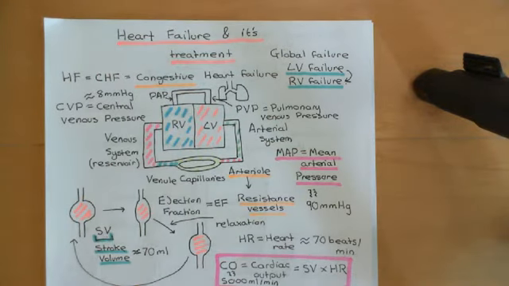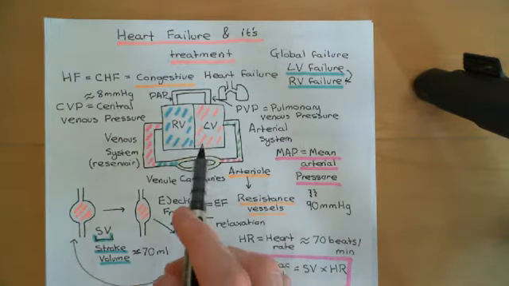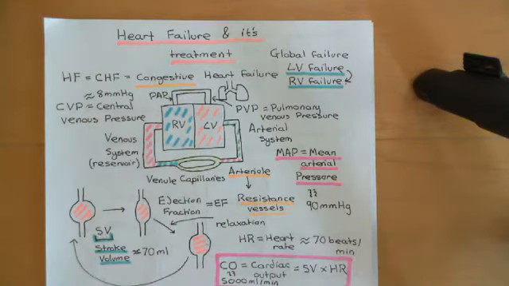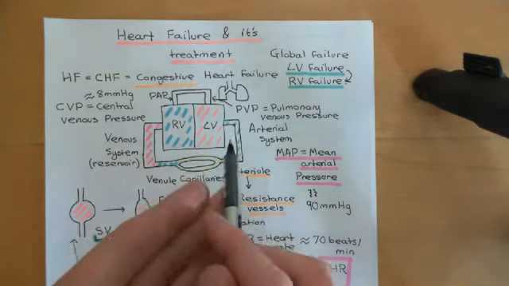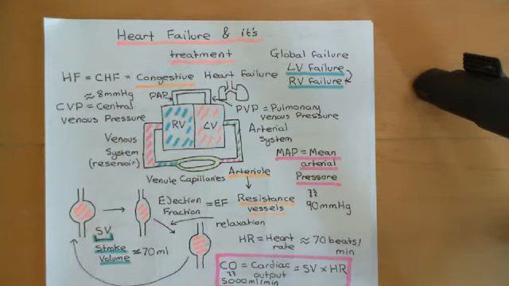Remember, in order for the left ventricle to eject blood into the arterial system, it has to firstly get the blood inside the left ventricle up to a pressure that is higher than the arterial pressure. If the arterial pressure is now too high all the time, then the left ventricle is going to have a much more difficult time ejecting blood into the arterial system.